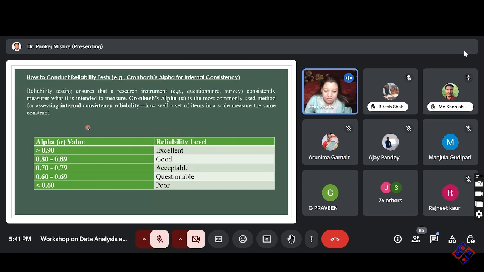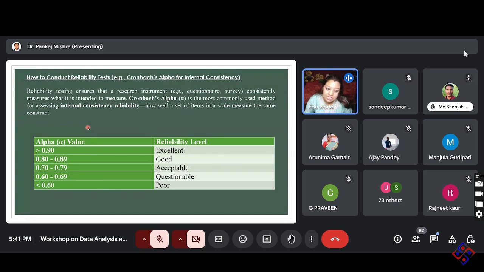Now, what is this consistency? If I'm relying on a person consistently in each and every situation, and that person helps me, then I'm very much dependent on that person. So I can say that person is reliable. Each and every time I ask help from that person, in every situation, that person has helped me in the same way.